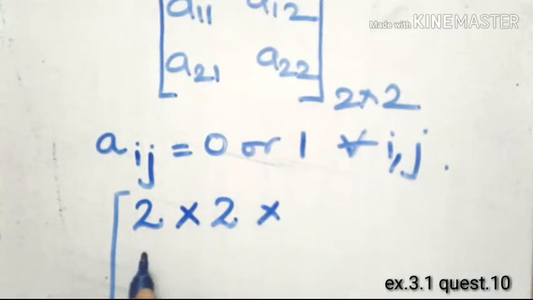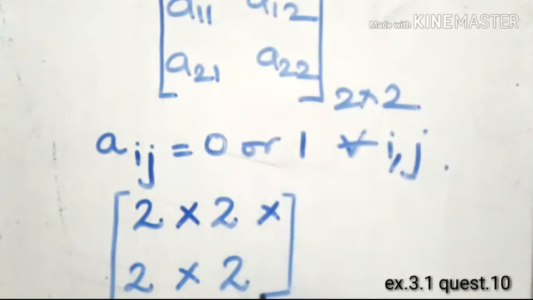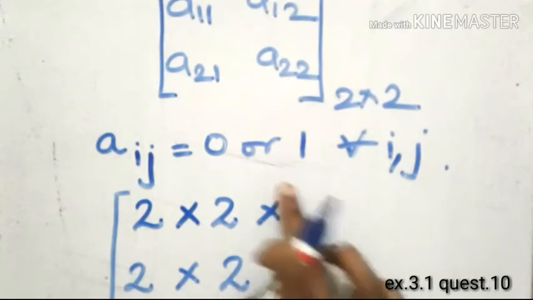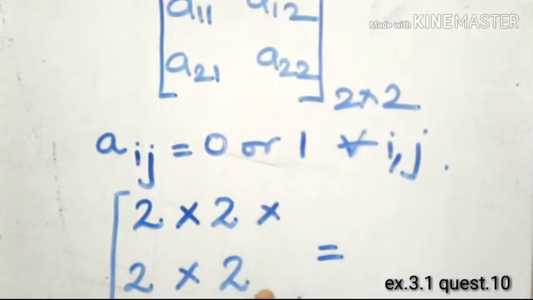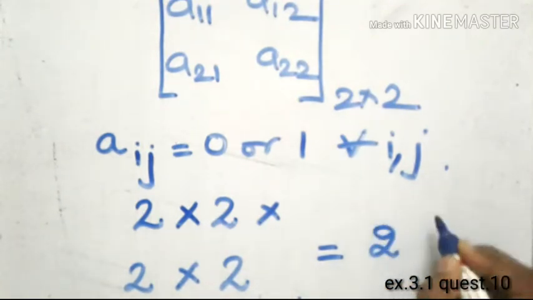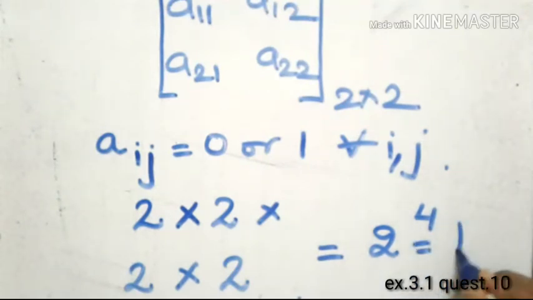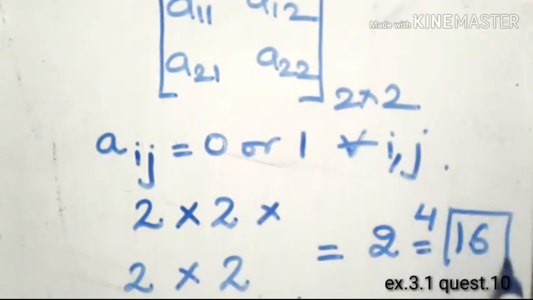And A21 also has two possibilities, and A22 also has two possibilities. So same approach, only thing the order has changed. So the total number of matrices will be nothing but 2 raised to 4, which is 16. So there are 16 matrices of the order 2 by 2 with entries either 0 or 1.